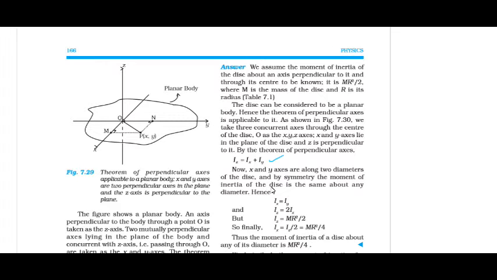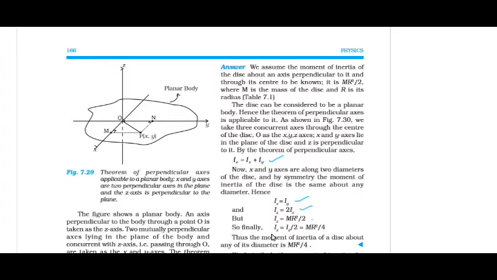Now x and y axis are along two diameters of the disk, and by symmetry the moment of inertia of the disk is the same about any diameter. Ix is equal to Iy, so Iz is equal to 2 Ix, and Iz is equal to MR square by 2.